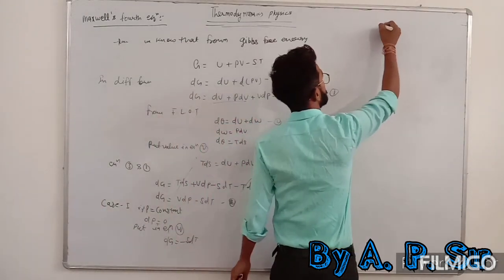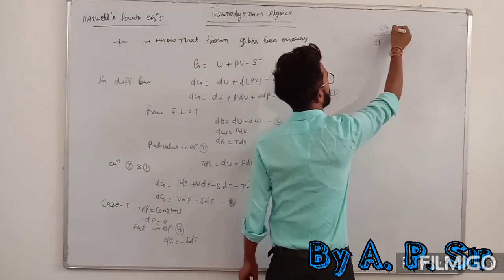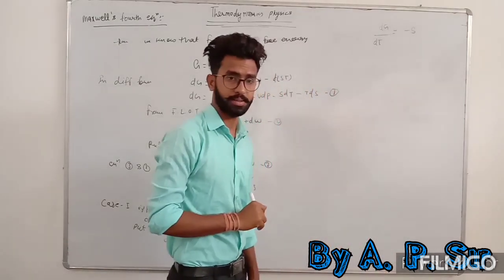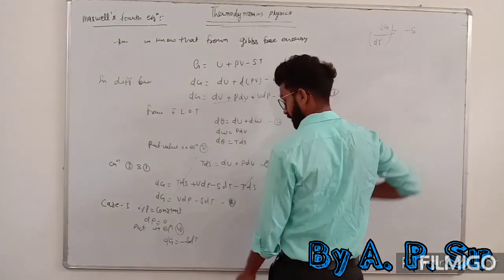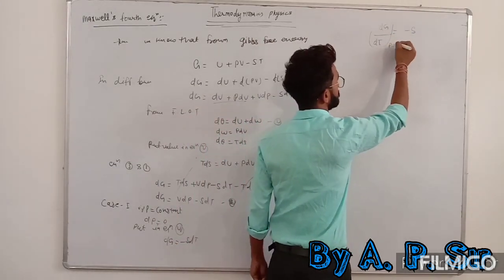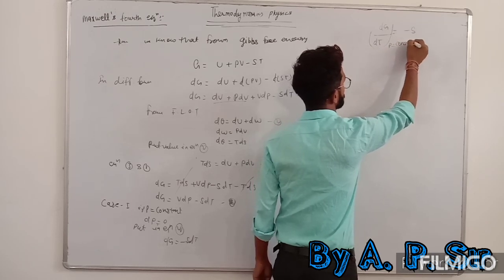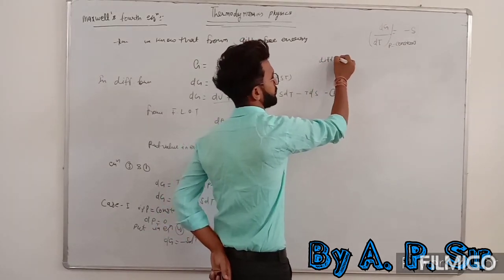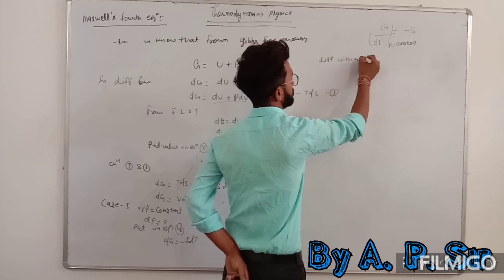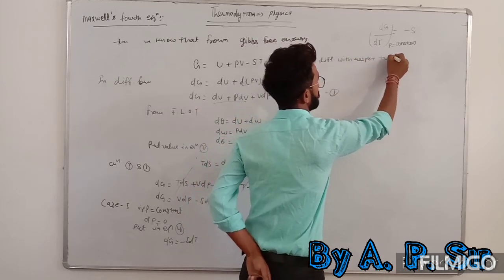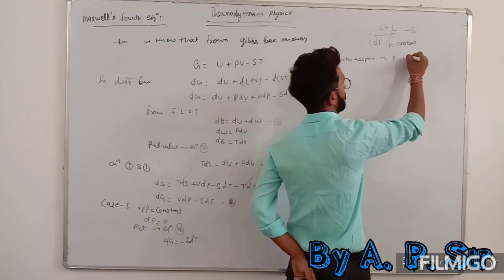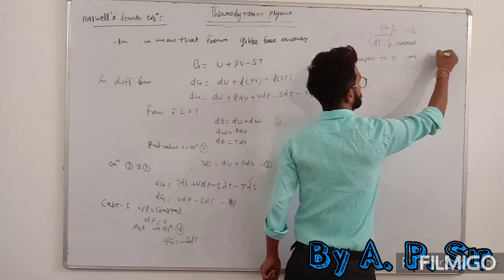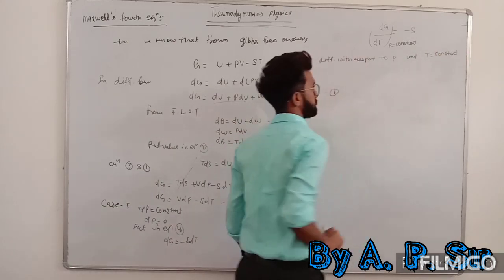Then dG upon dT equals minus S, where P equals constant. Then differentiate with respect to P, where T equals constant.